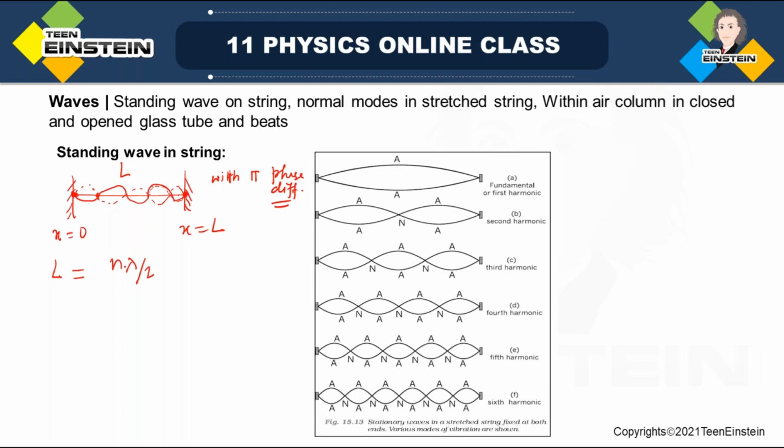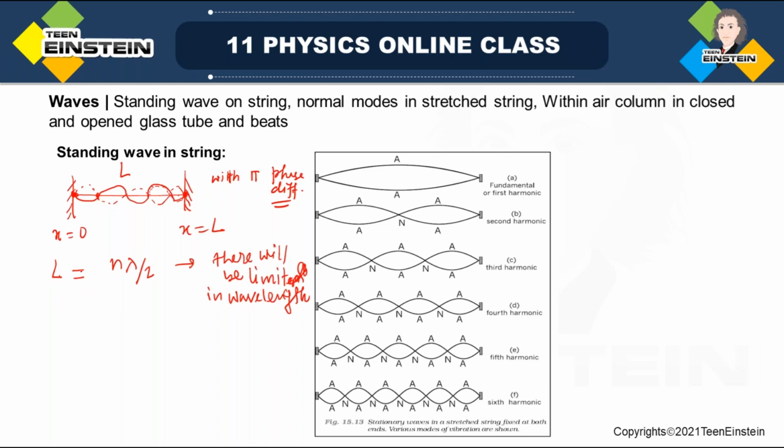So this expression is telling you that there will be limited wavelengths, because the length L does not change. L is fixed.